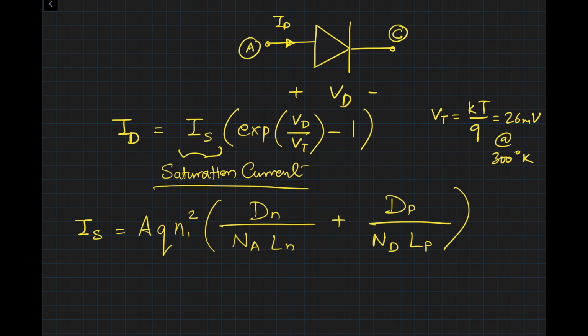Okay, let me explain what this means. So A is area of the diode. And what is Ni? Ni is the intrinsic carrier concentration.